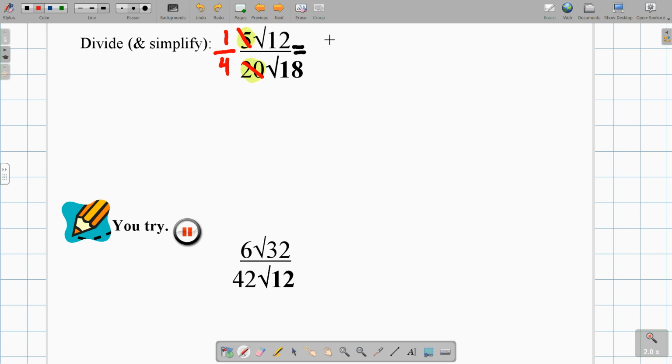Now to simplify, you cannot leave a radical in the denominator. That's super important. So to get rid of that radical, we multiply top and bottom by the exact same radical. 2 times 3 is 6. 4, now careful there, we've got 3 times 3. We've got a partner in jail here.